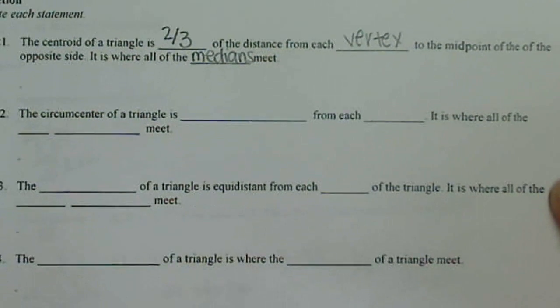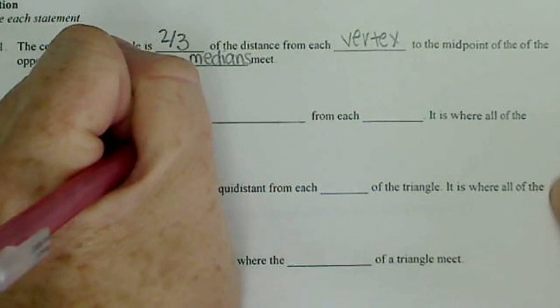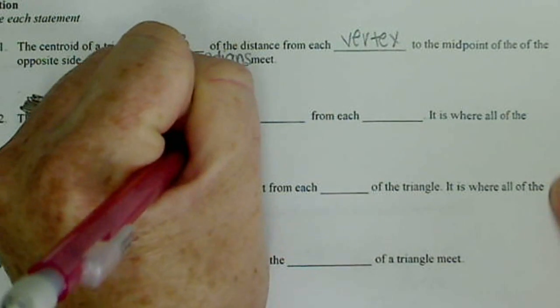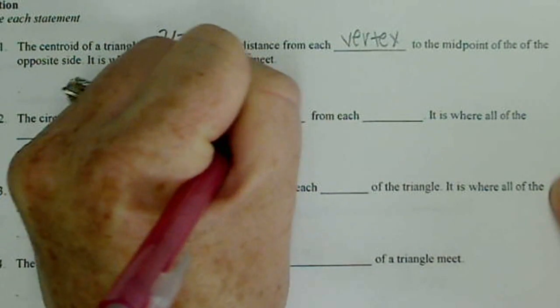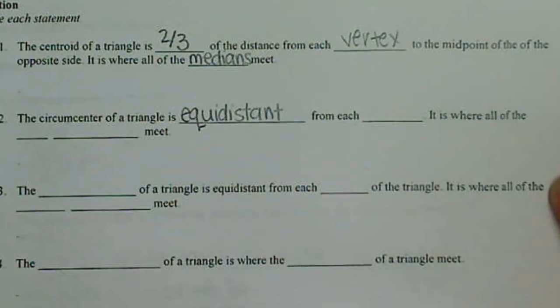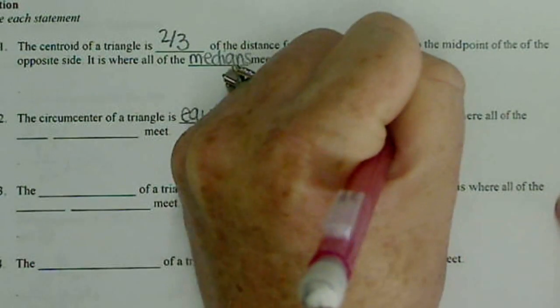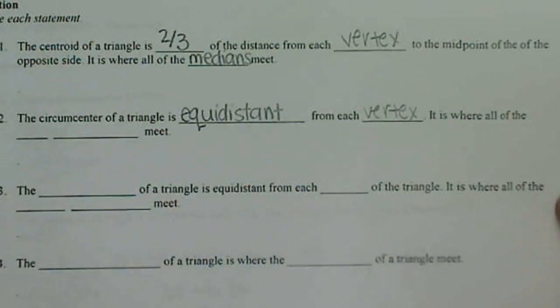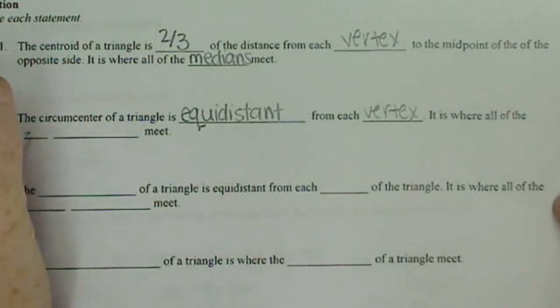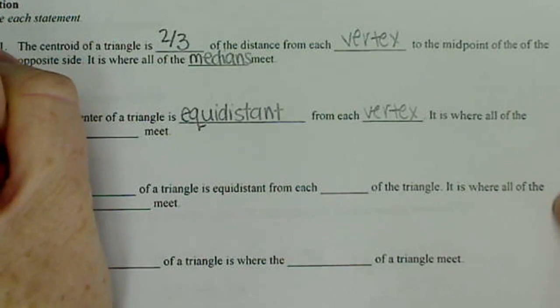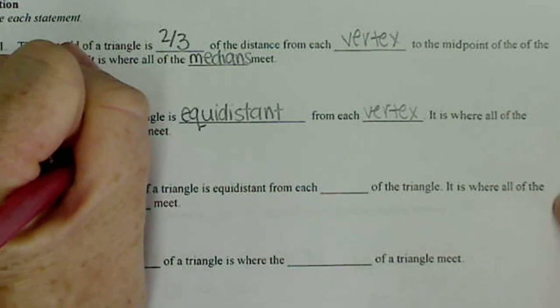The circumcenter is equidistant. That means equal distances from each vertex, not side. But it is where all of the perpendicular bisectors meet.